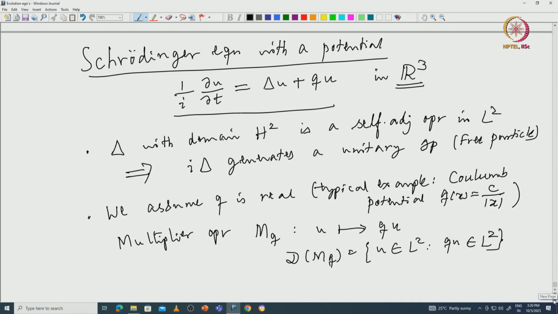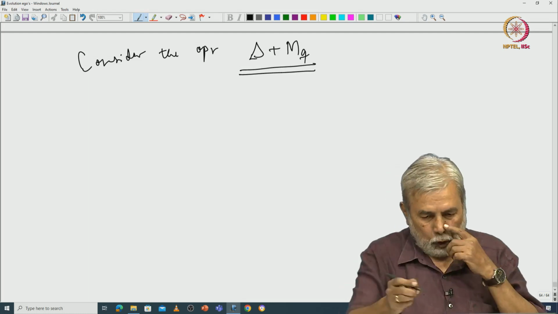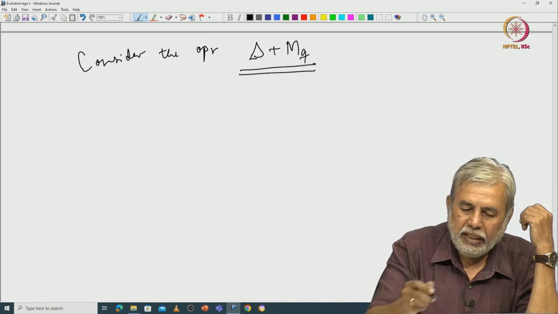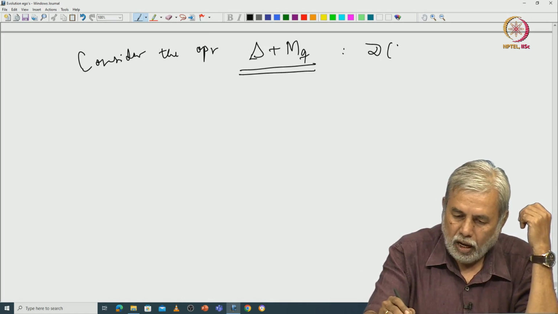Now we have to consider the operator Laplacian plus MQ. With appropriate conditions on q, we would like to consider this operator, again called HQ.